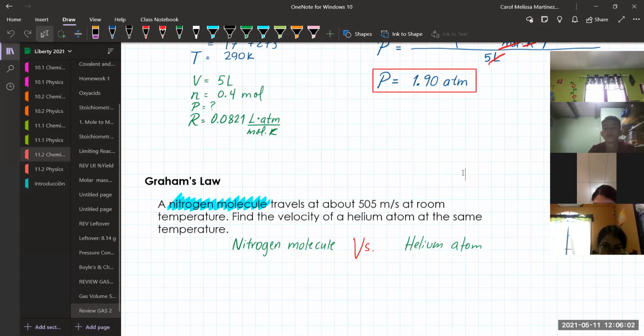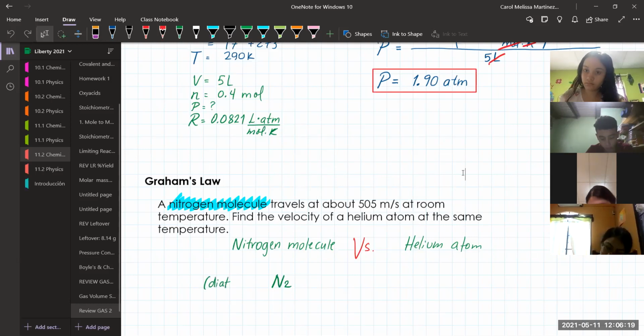So in this case, when it refers to nitrogen molecule, it refers to a diatomic molecule for nitrogen. So this is actually N2 because it is diatomic. But helium is not a diatomic gas, it's not a diatomic element. Helium is just helium.